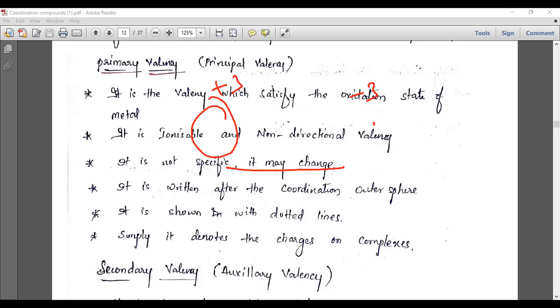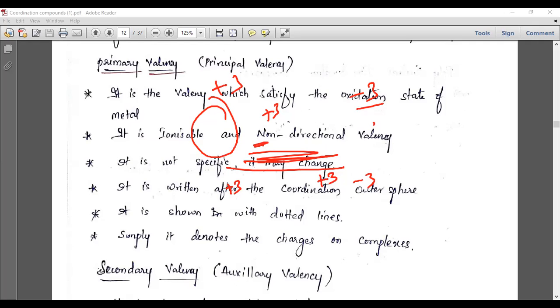Simply, you can easily understand that. This will indicate the charges on the complexes. Here the charge of the complex is +3, because it is three chlorines at -3, then it is +3, and cobalt also has a +3 oxidation state.